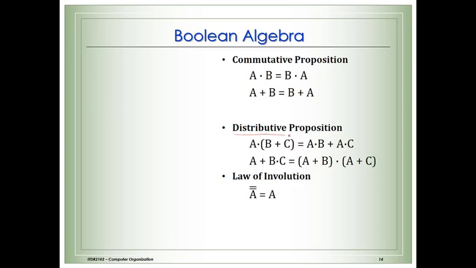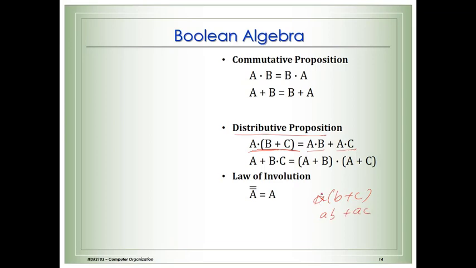Similarly, another identity that we have is called the distributive proposition. Here, A and (B or C) can be written as (A and B) or (A and C), like in mathematics. For example, if you have A(B + C), you write AB + AC.